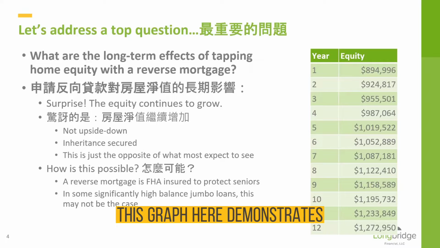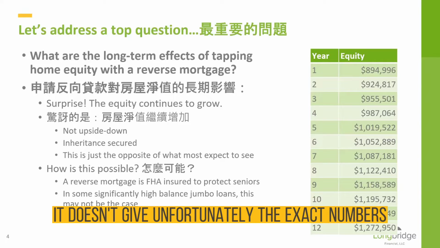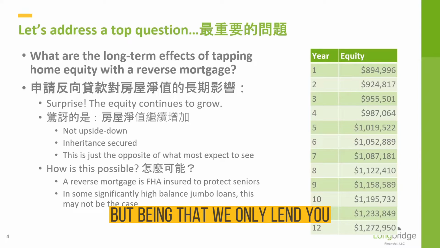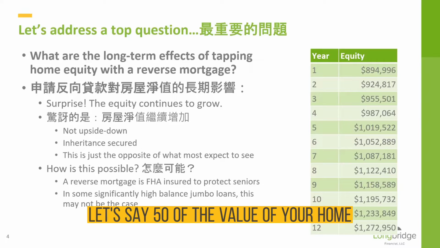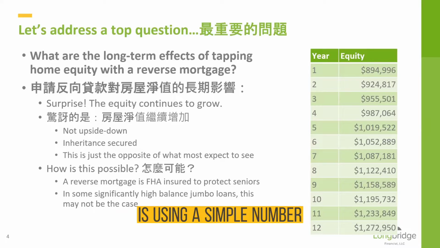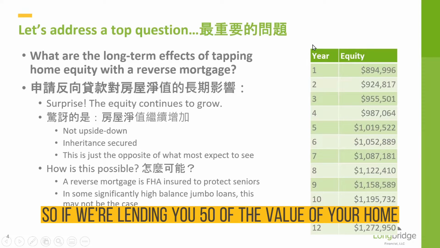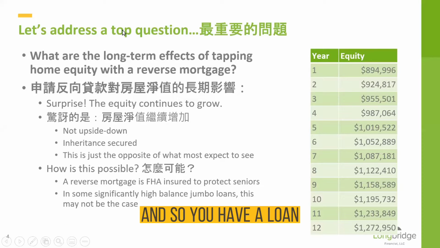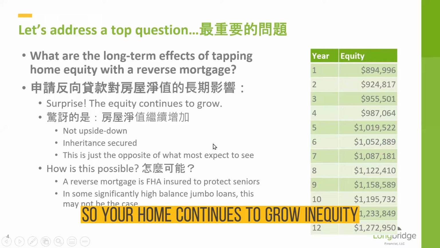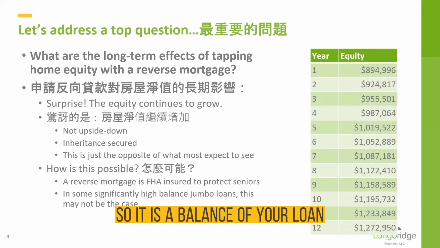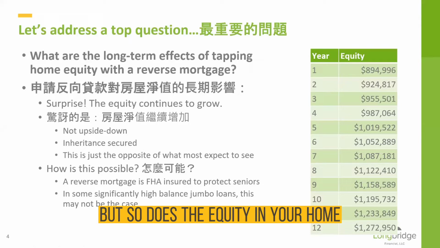This graph demonstrates, it doesn't give, unfortunately, the exact numbers, but being that we only lend you, let's say 50% of the value of your home, using a simple number, so you have a loan, and your home continues to grow in equity. So it is a balance of your loan, but so does the equity in your home.